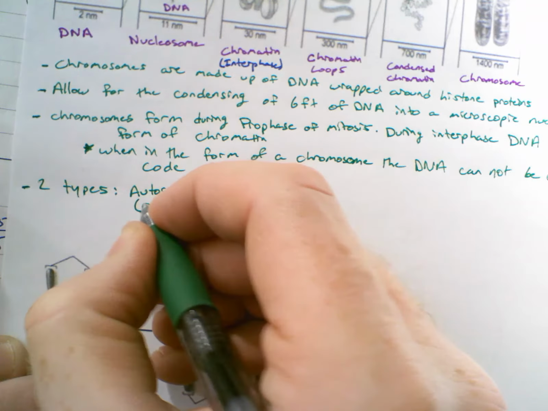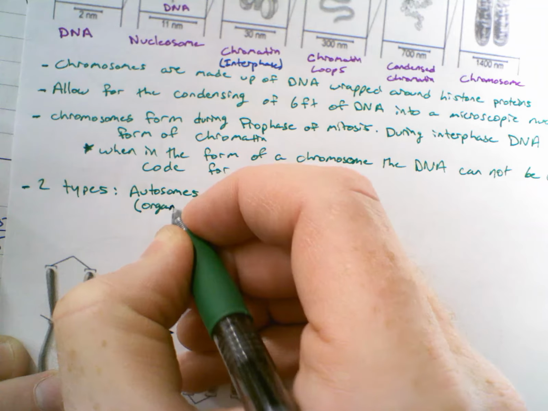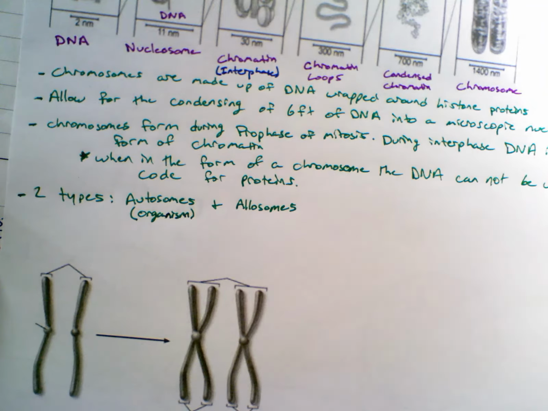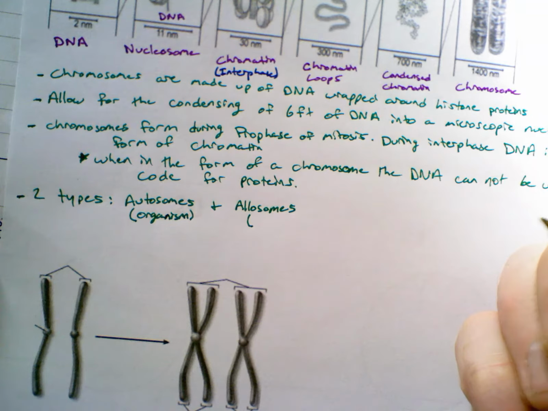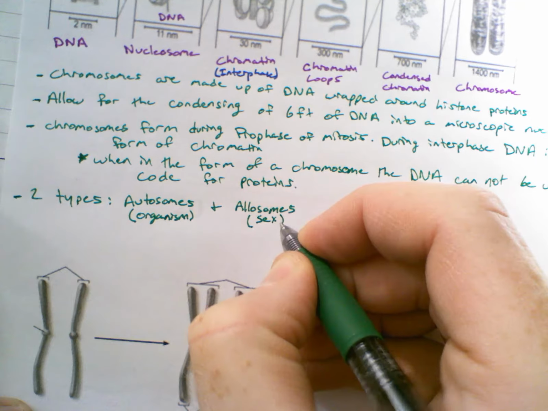Autosomes determine what organism it is. For instance, chromosomes 1 through 22 make us human, right? We have a set of allosomes, though, chromosome 23, X and Y. These determine the sex of that organism.